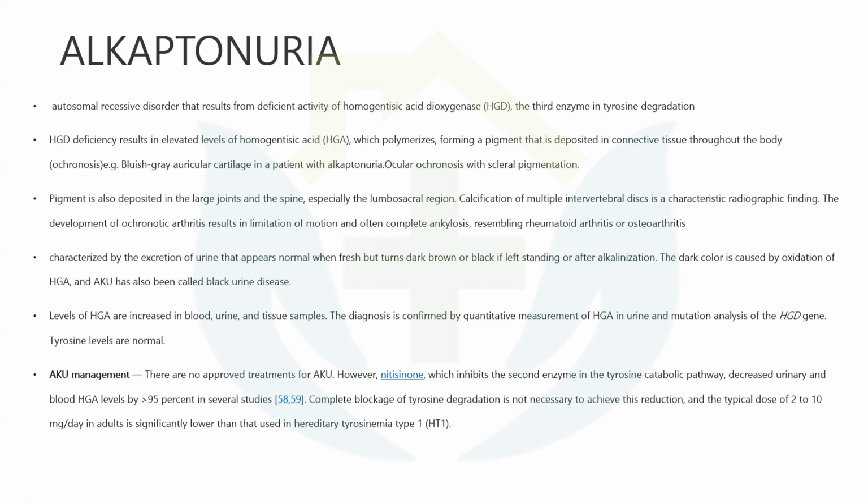There is no approved treatment for alkaptonuria, although there is a therapy like nitisinone. It is an agent which inhibits the second enzyme of the tyrosine catabolic pathway, the immediately prior step, and that decreases the production of homogentisic acid itself.